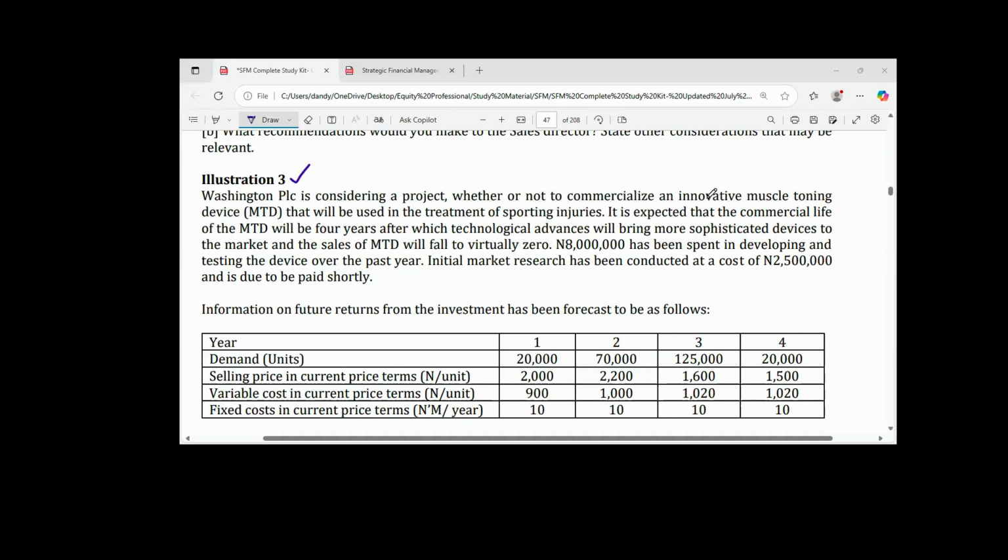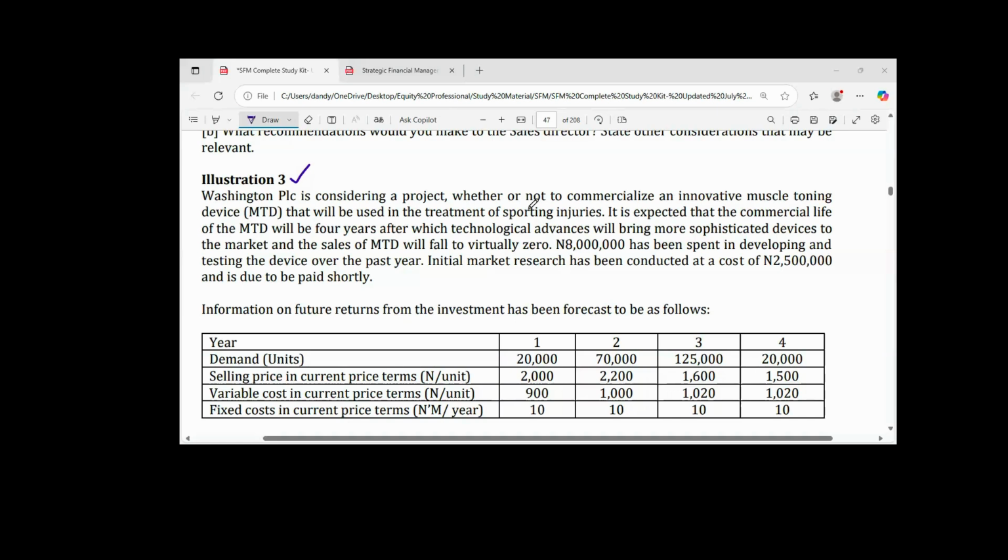Washington PLC is considering a project whether or not to commercialize an innovative muscle toning device (MTD) that will be used in the treatment of sporting injuries.